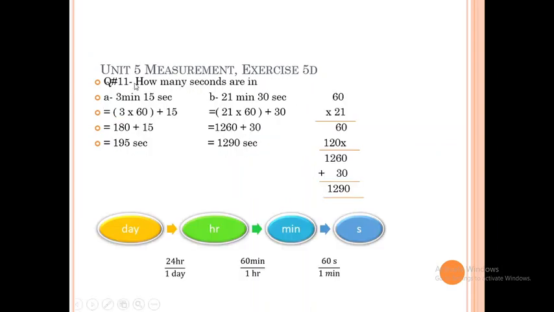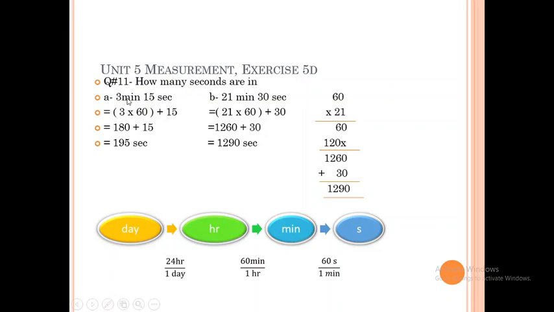Now question number 11. How many seconds are in? Now the question gives minutes and seconds and they are asking you to convert them into seconds. You know that 1 minute equal to 60 seconds. So 60 is the conversion factor.